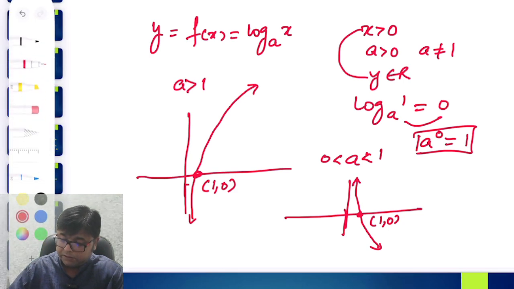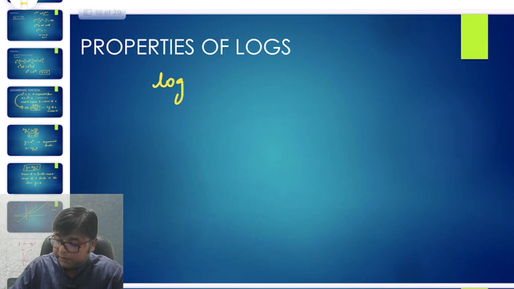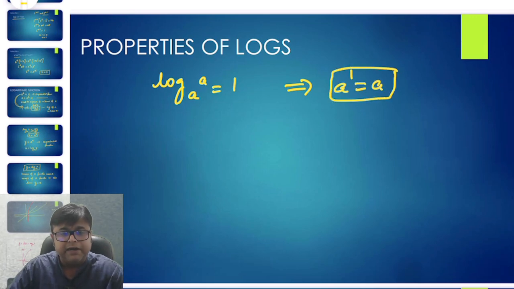Properties of log start with: log of a number in the same base is always 1. Just to verify, a to the power 1 is a, so if I change it to exponential form, it gets verified.